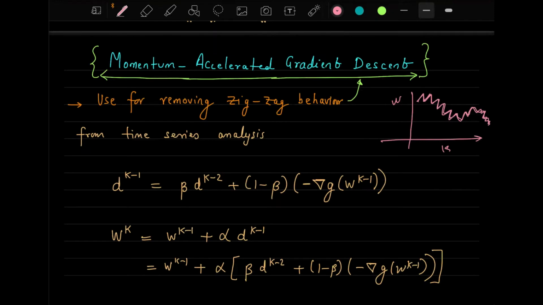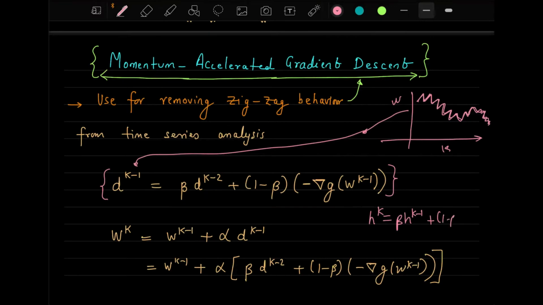So what we are doing now is using the averaging concept of the time series that we have discussed. This is the expression that we are using from the time series concept. In the earlier case we had hk as beta h k minus 1 plus 1 minus beta times the original wk.